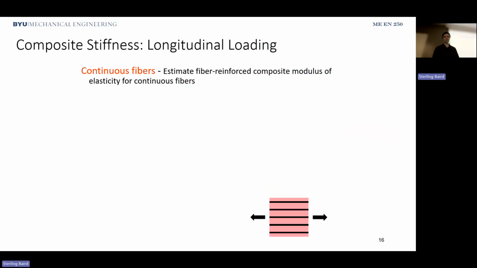So the transverse is the weakest. Exactly. Which one do you think would be stronger: pulling with the nice stiff fibers in there, versus peeling apart the layers? Cool, thanks.